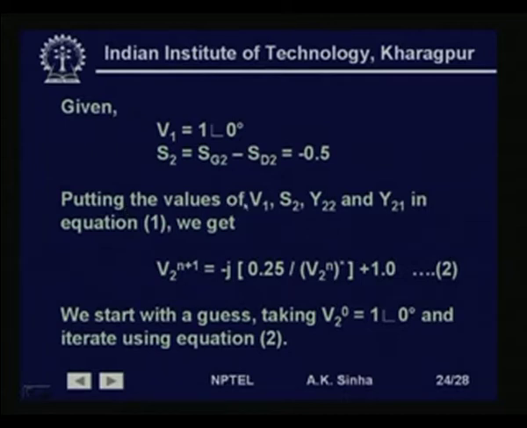So, putting the values of V1, S2, Y22 and Y21 in equation 1, we get V2(n+1) equal to minus j0.25 divided by V2(n) conjugate, plus 1, because we have taken j.